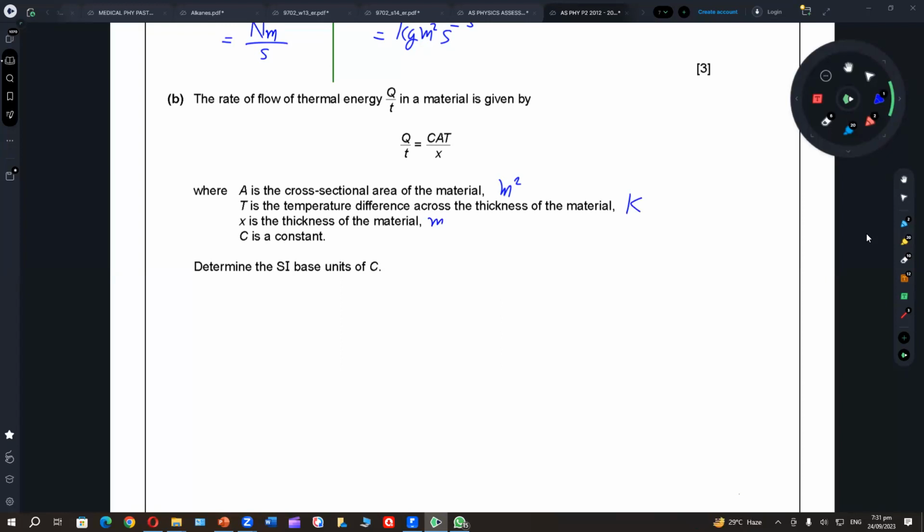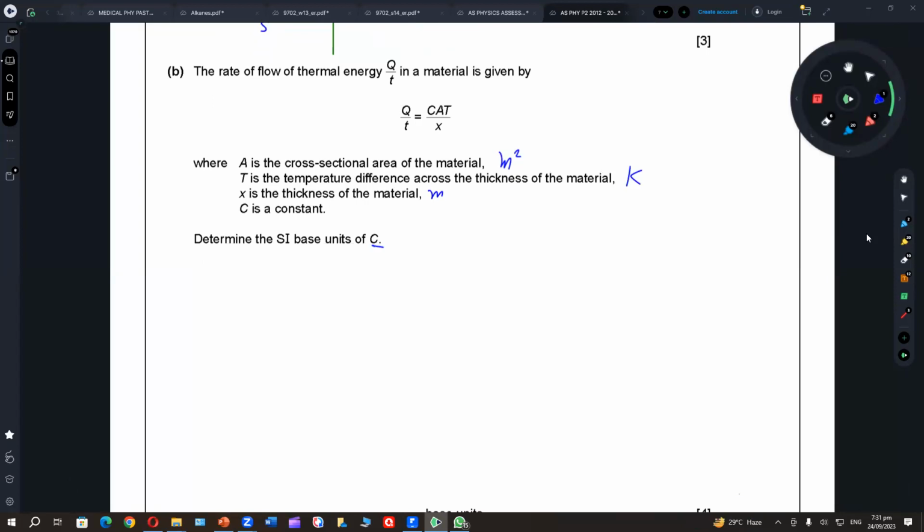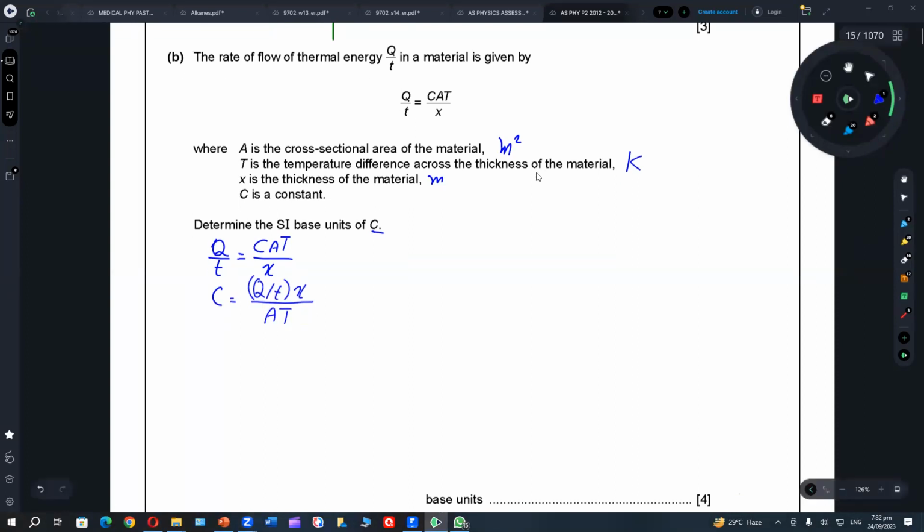C is a constant, and he asks for the unit of C. If you want to find the unit of C, first make C the subject. I have made C the subject.